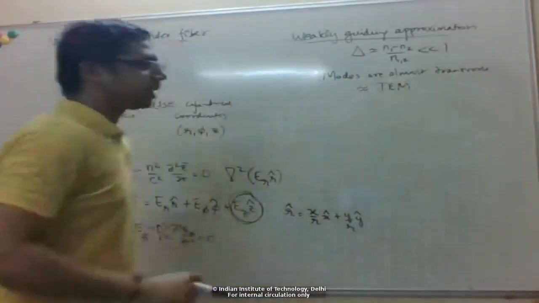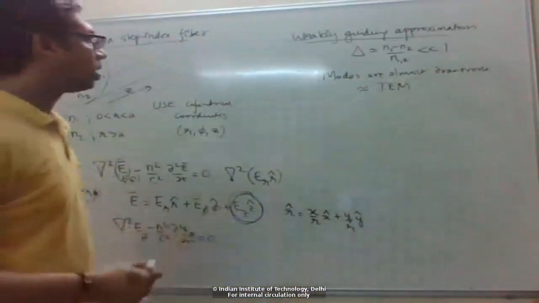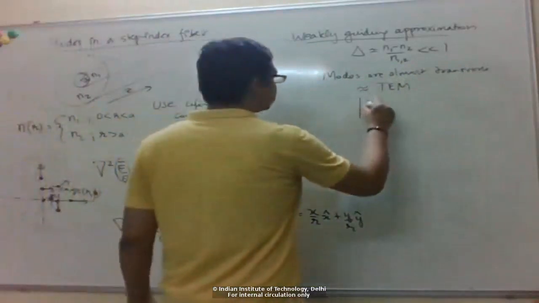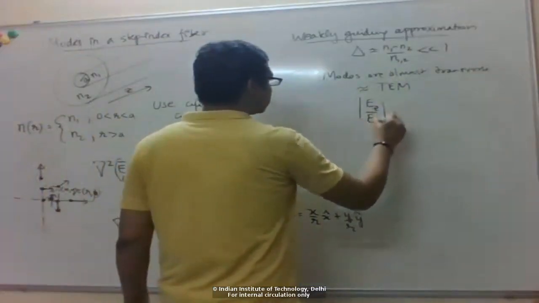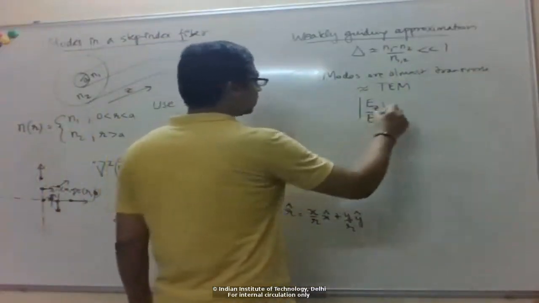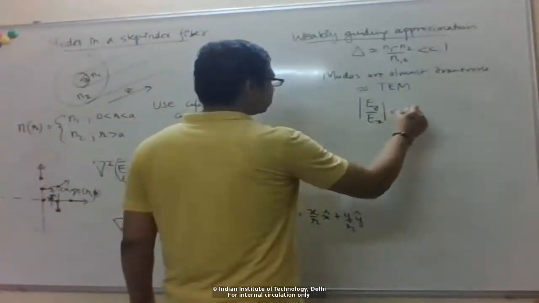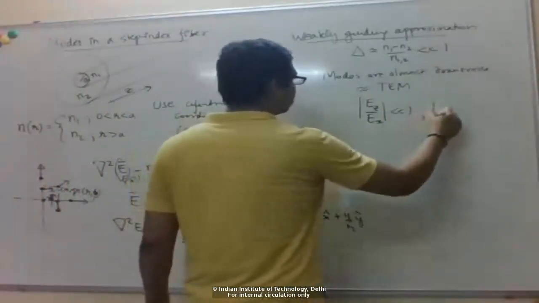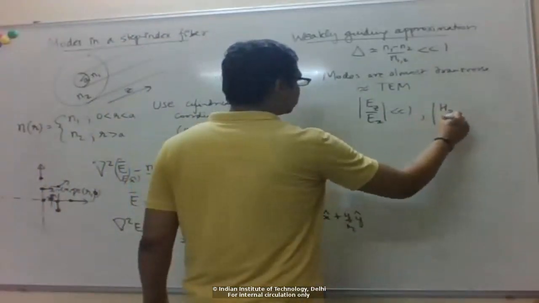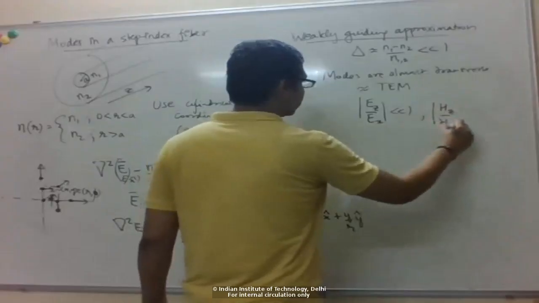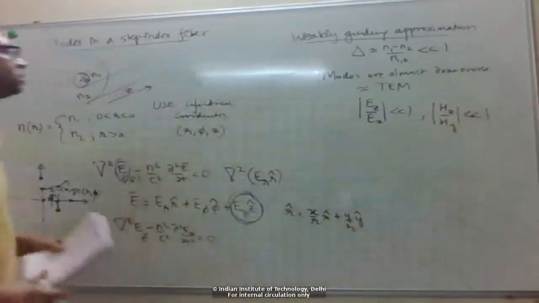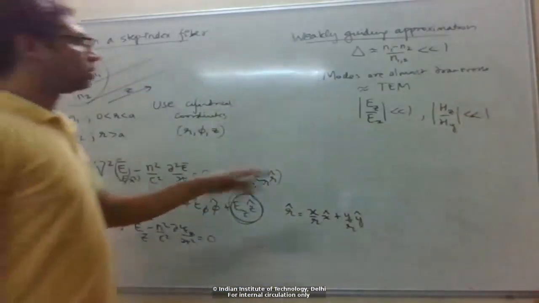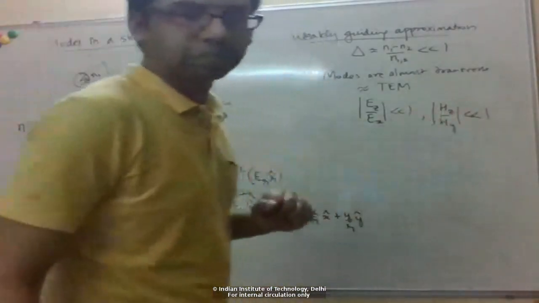The electric and magnetic field components are almost perpendicular. In other words, we saw that the longitudinal component compared to the transverse component will be much smaller, and similarly for the magnetic field, let's say if you have Ex and Hy, the other field components will be much smaller.